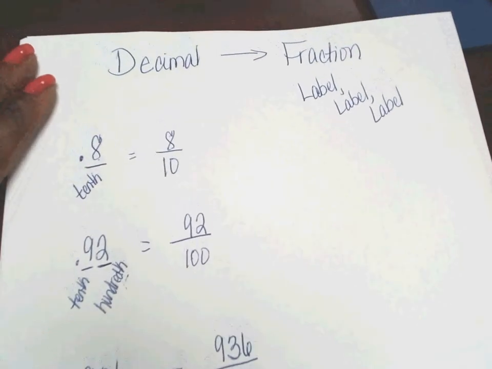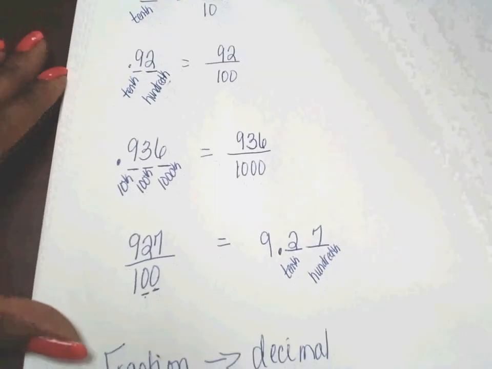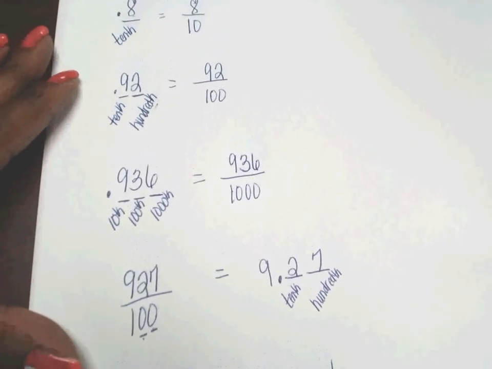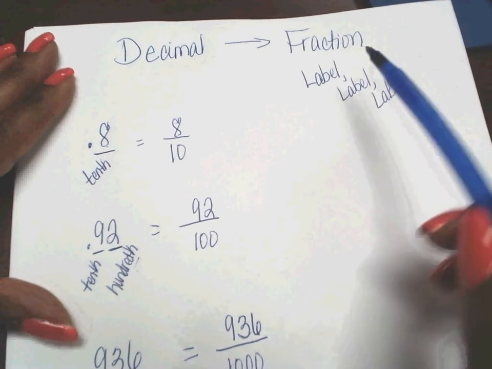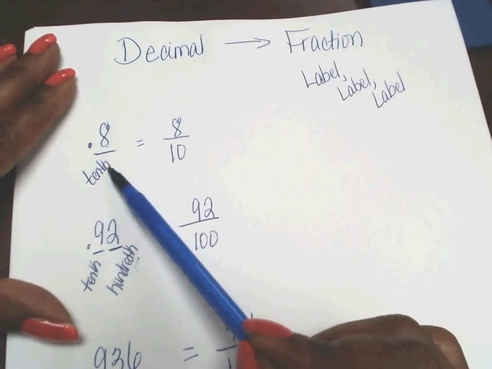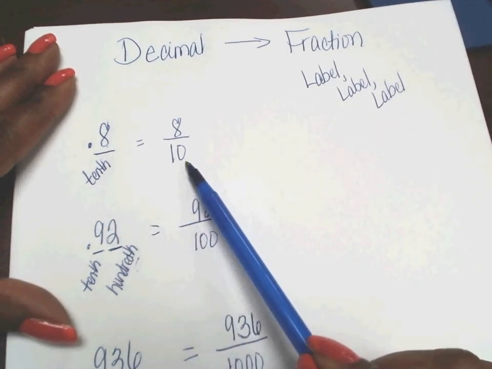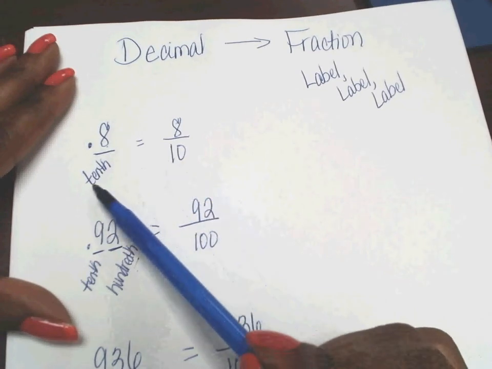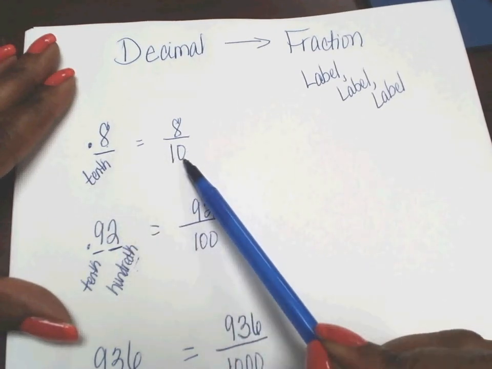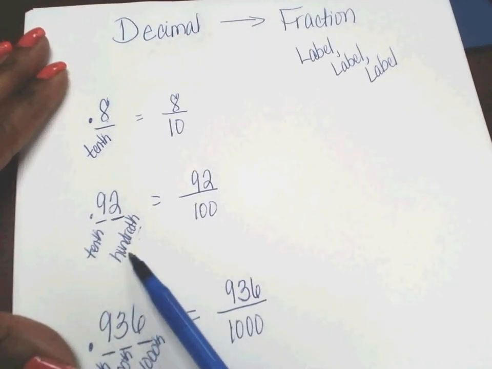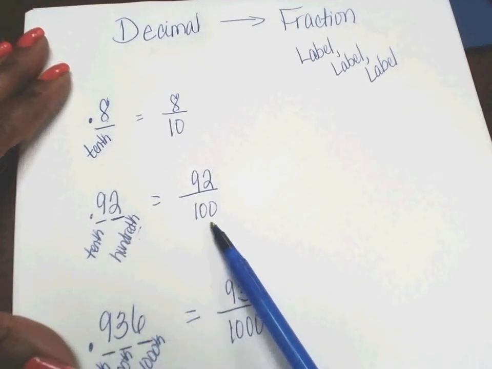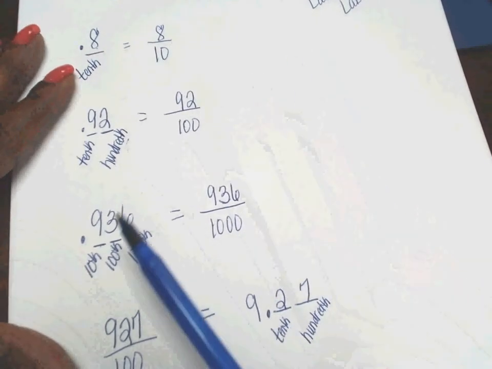So again, when you are converting a decimal to a fraction, or, as we could see in that last one, a fraction to a decimal, you want to make sure that the first thing that you do is label, label, label. You're going to label that decimal, and then your denominator is going to be the last label that you wrote. So on here it was a tenth. There's one place, and that's a tenth. On here, there's tenths and then hundredths, and so your denominator was 100.